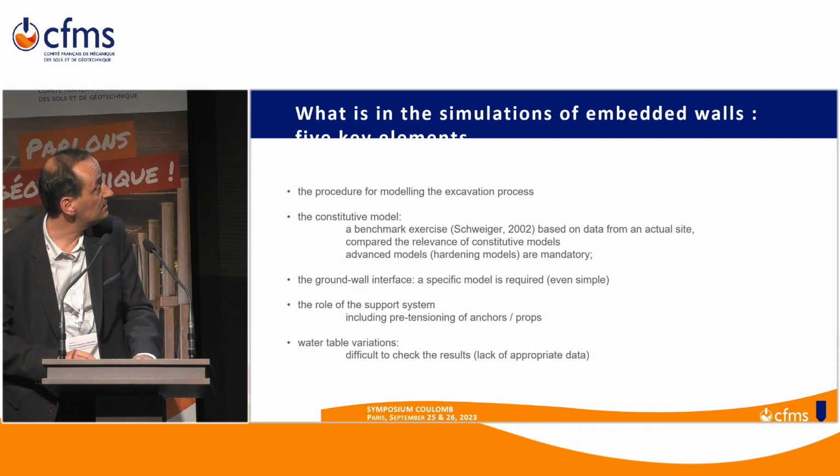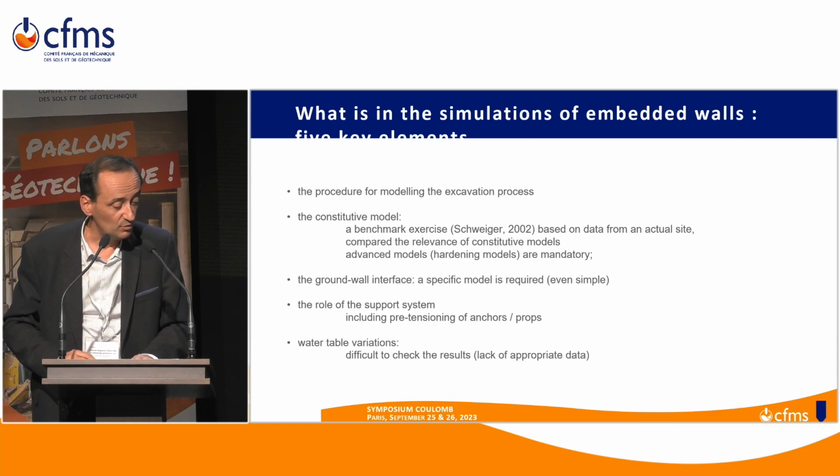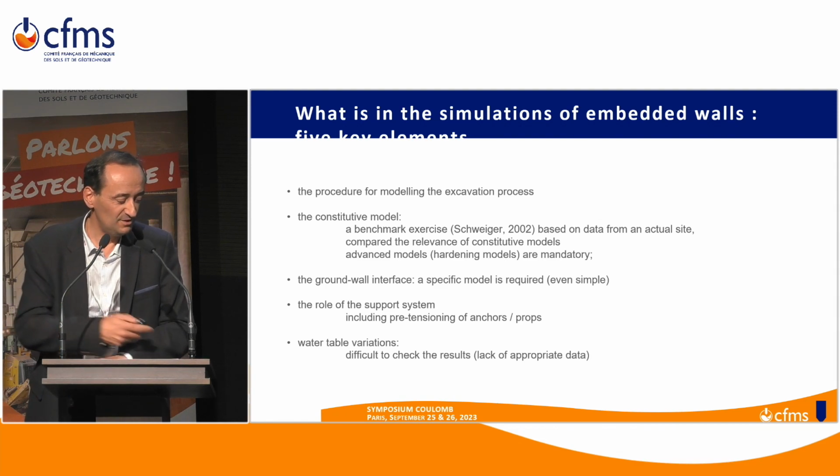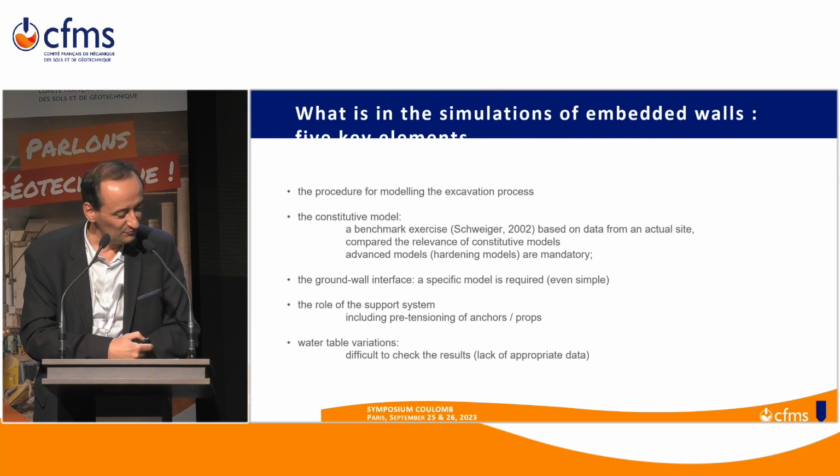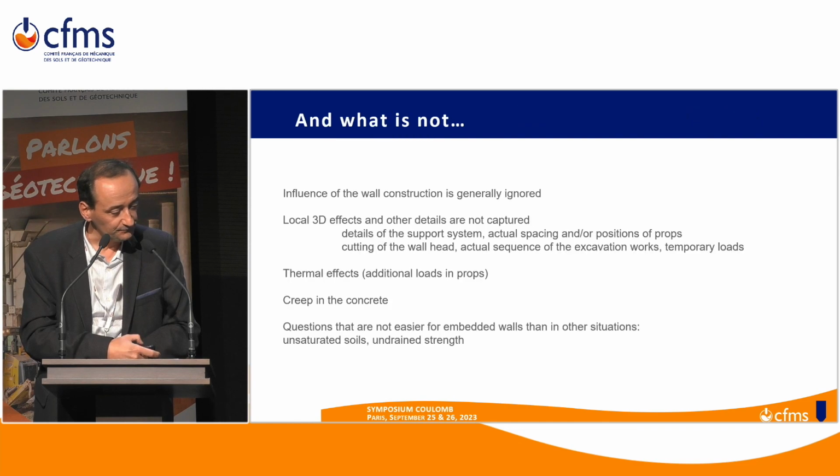And in the last place, in case you have water table variations, which happens often, you have to introduce a specific model for that too. And it's relatively difficult to check the results because we don't have appropriate data to be very sure of the results we obtain.